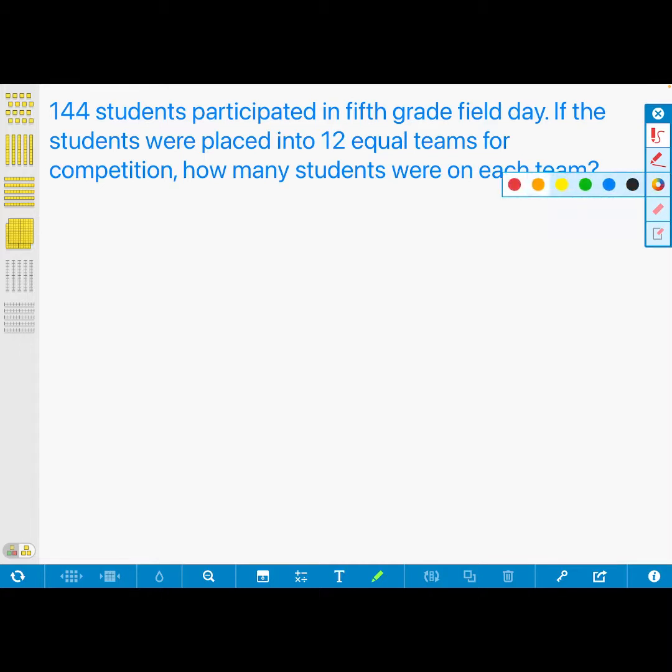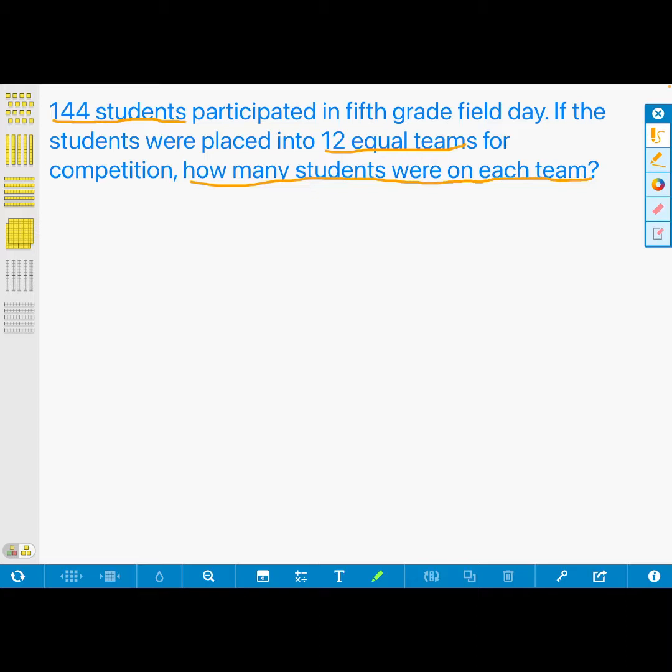So I know that there were 144 students who participated in the 5th grade field day. And I know that there are 12 equal teams. And I need to find out how many students were on each team.